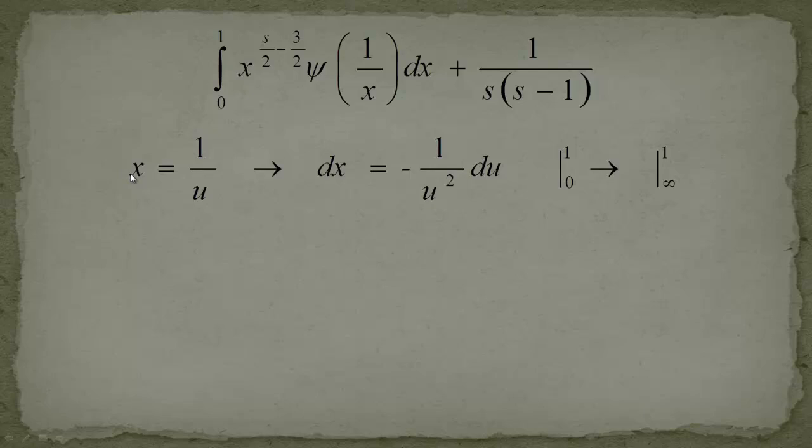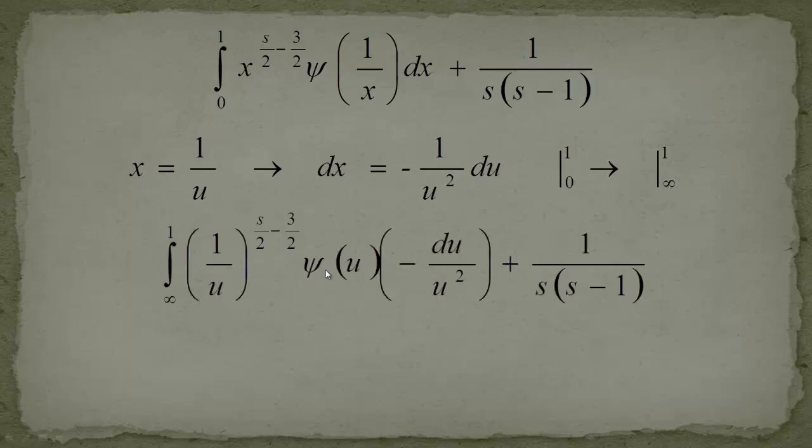So we will replace x by 1 over u. We get dx as minus 1 over u squared du, and we will also have these boundaries. Look at this 1. If we plug in 1 into this guy, we get again 1, and if we plug 0 into there, we get infinity.